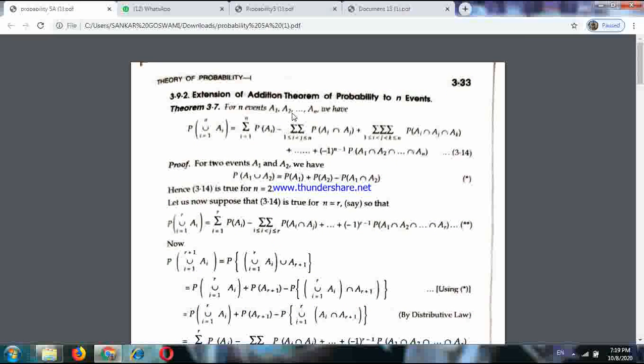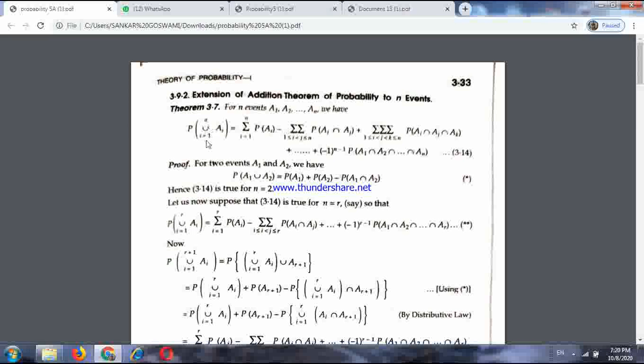So for n events A1, A2 up to An, not necessarily mutually exclusive, how can I write? P of the union, i goes from 1 to n, of Ai. What does it mean? P(A1 union A2 union A3 and so on up to An).